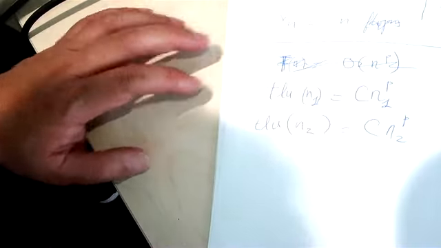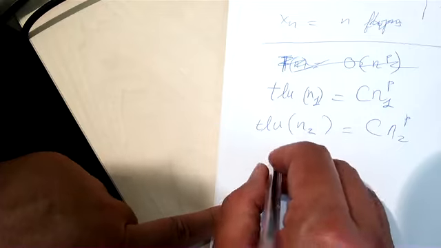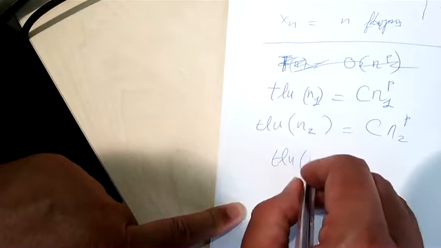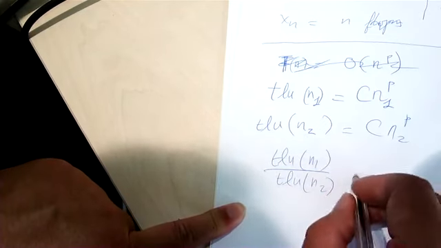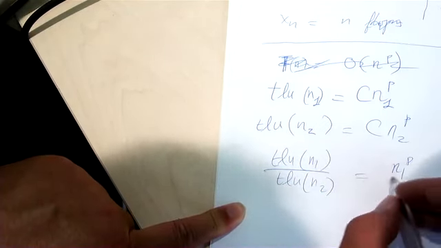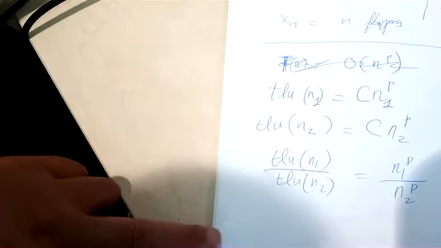So how do we find p? Well, we just take the ratio. If you take the ratio, then the constant goes away. You just have n1 to the p over n2 to the p. And after that, you take the logarithm.